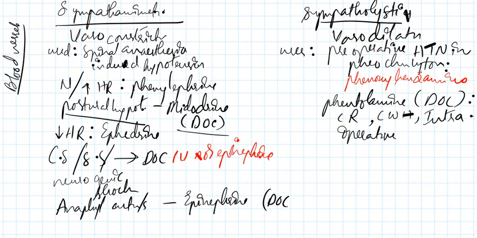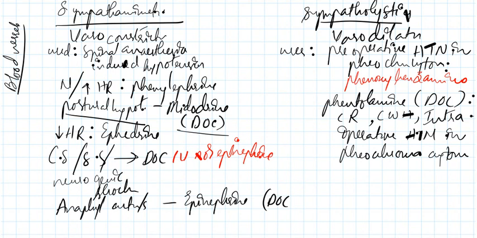Don't confuse these drugs. Phenoxybenzamine is the drug of choice in preoperative hypertension in pheochromocytoma, whereas phentolamine is the drug of choice in intraoperative hypertension in pheochromocytoma. Don't confuse both of those things.